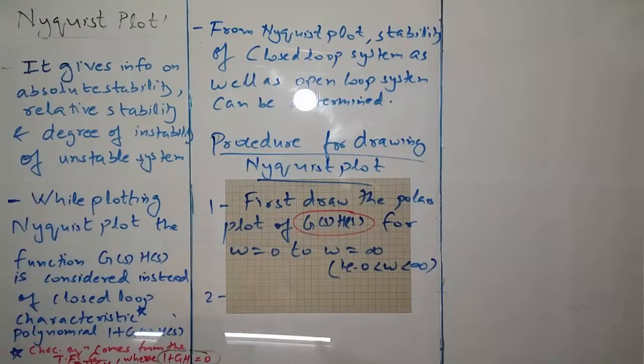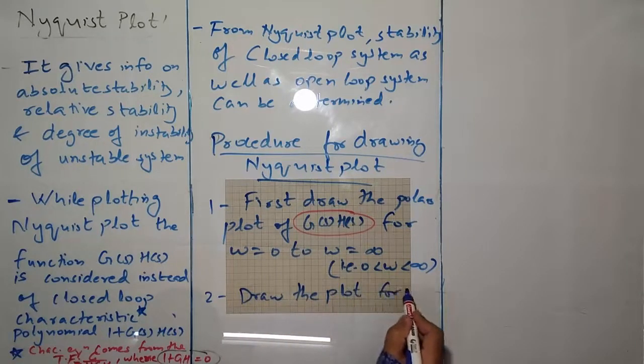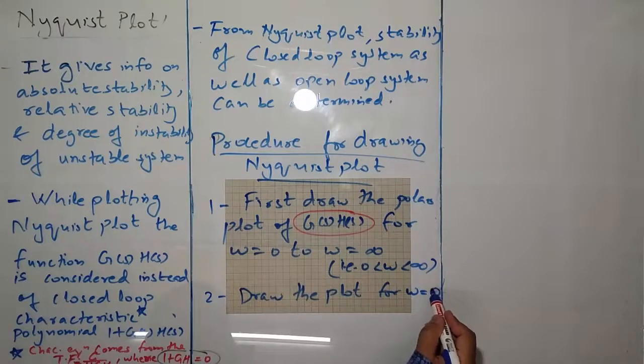So after drawing the polar plot for the range of omega lying between 0 to infinity, the next step is to extend the plot for the values of omega lying between 0 and minus infinity. So the next step says that draw the plot for omega between 0 and minus infinity. Let's call the 0 that lies towards the negative axis as minus 0. So we are assigning a minus sign.